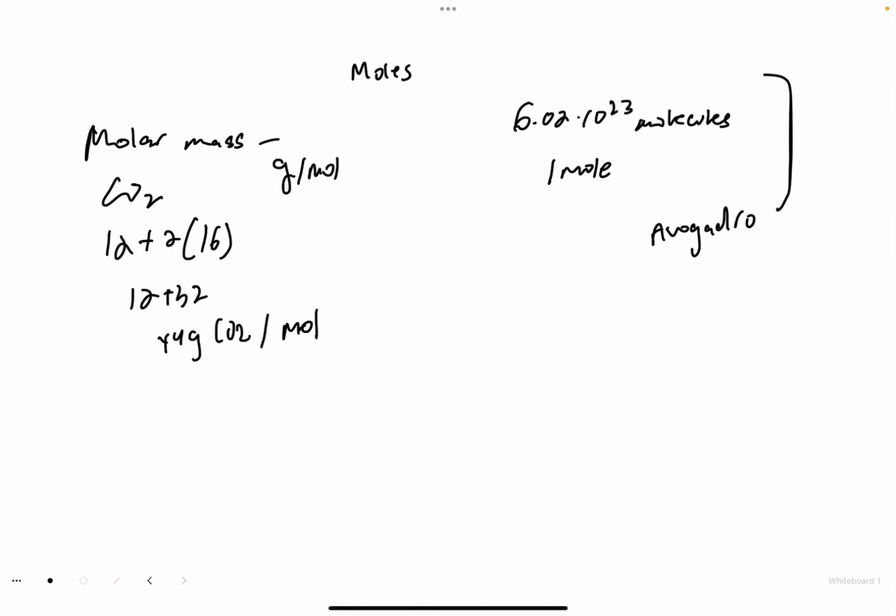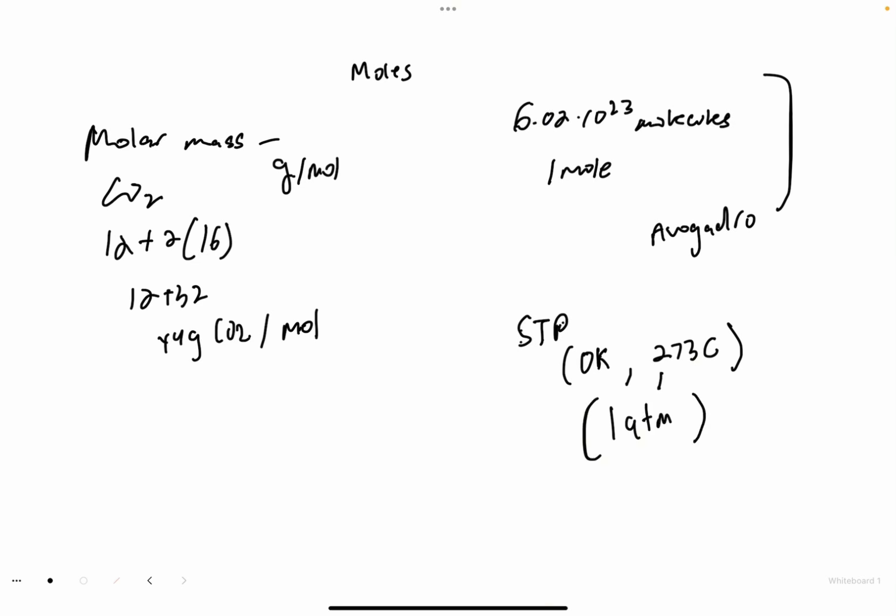And then a special case where you are at standard pressure and temperature. So this would be at 0 Celsius, which is 273 Kelvin, and you're at 1 atm.